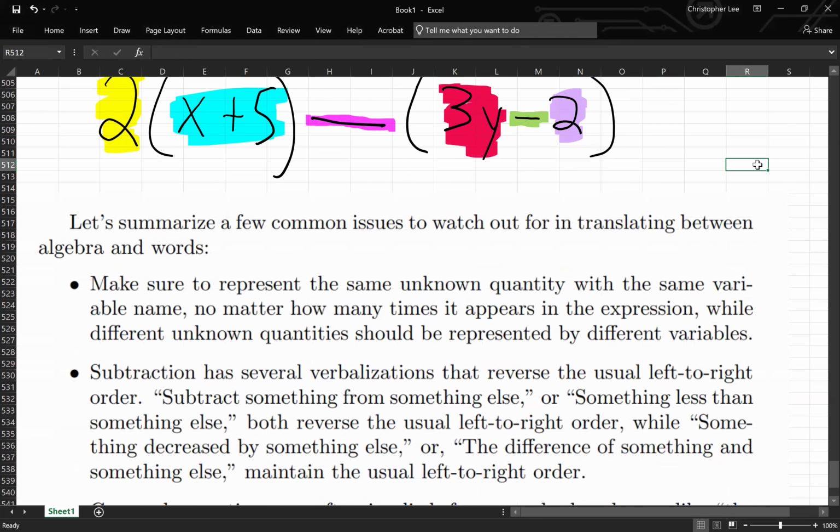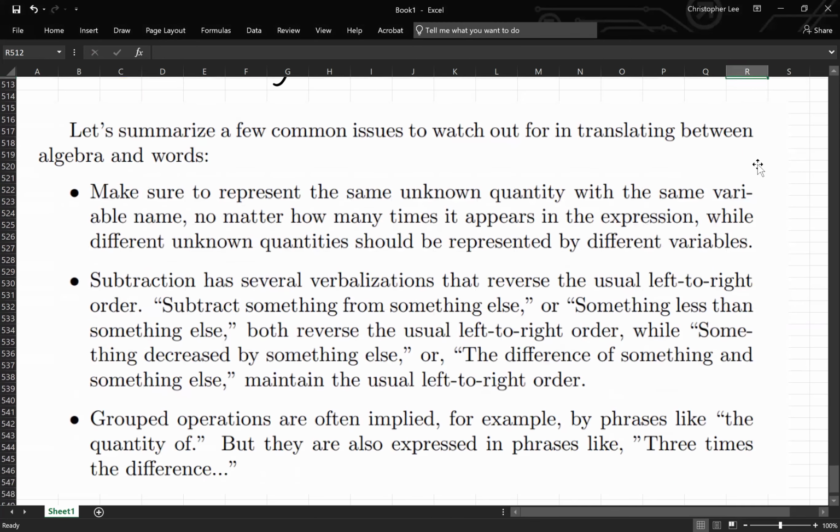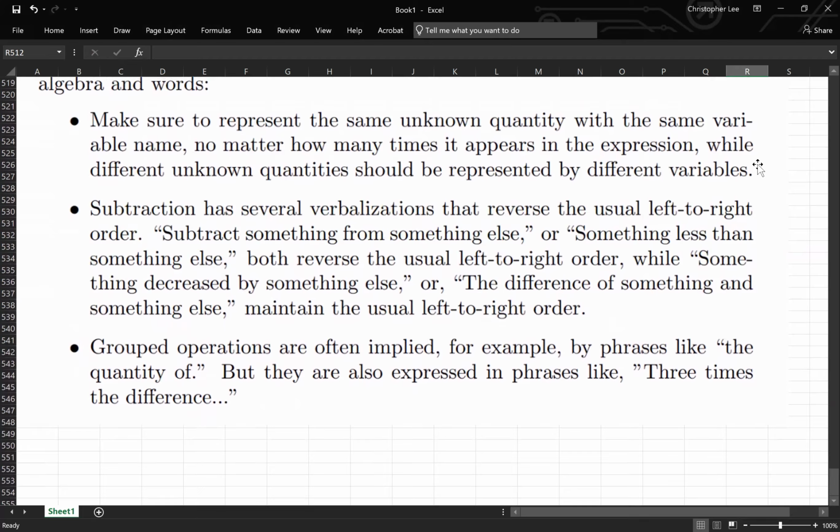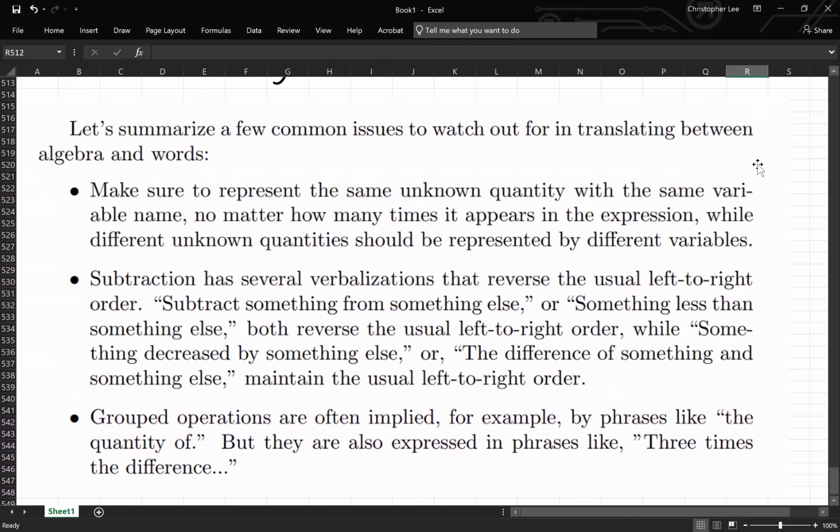So let's summarize a few common issues to watch out for in translating between algebra and words. Make sure to repeat the same unknown quantity with the same variable name, no matter how many times it appears in the expression, while different unknown quantities should be represented by different variables. Subtraction has several verbalizations that reverse the usual left to right order.